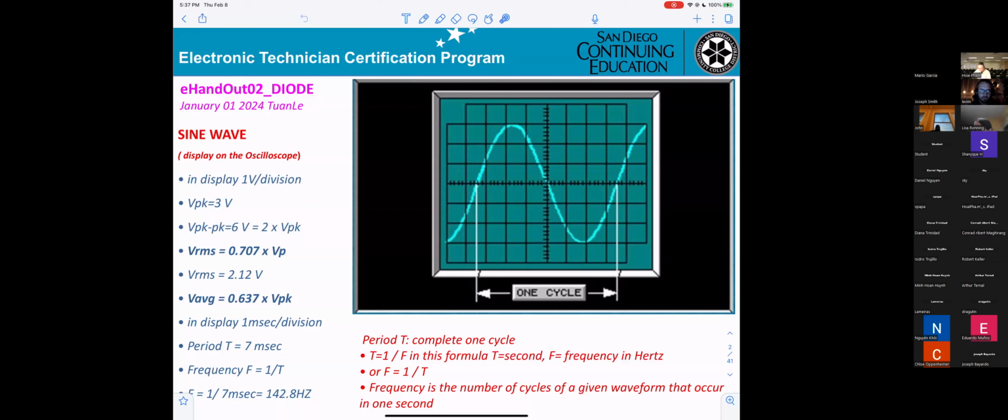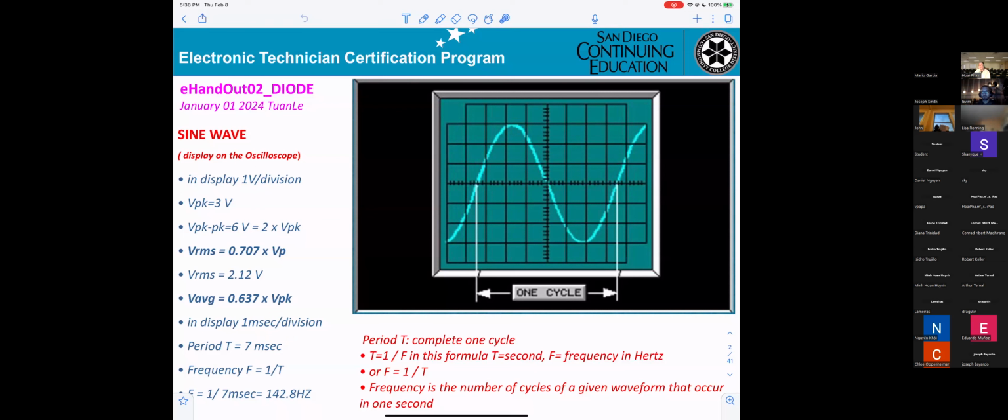Remember one thing. Can we use the oscilloscope to measure the frequency? The answer is no. This is the time domain, which means the signal varies with time.